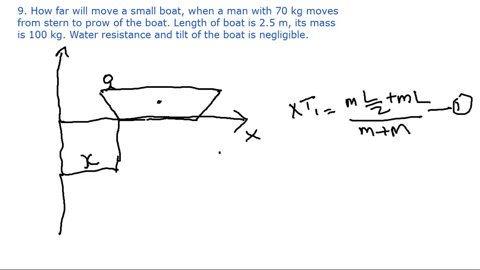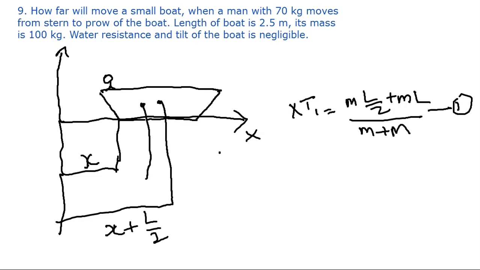and the center of mass of the boat is here. We know that this distance is x plus L by 2. Okay, and center of mass of the whole system is this.